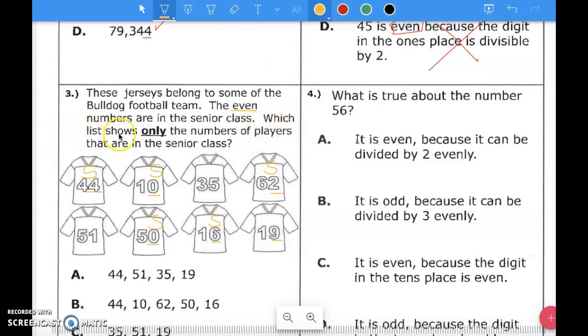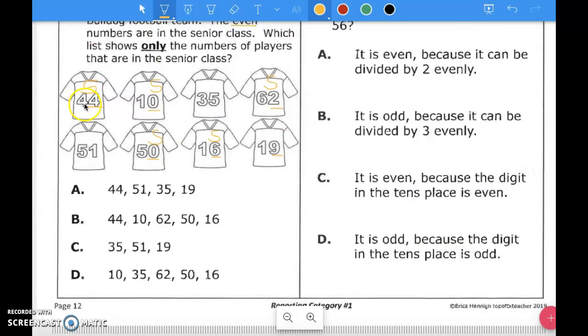Which list shows only the numbers of players there are in senior class? That's why you have to identify them first before you even read the question.